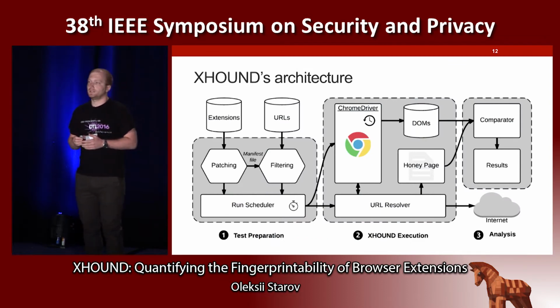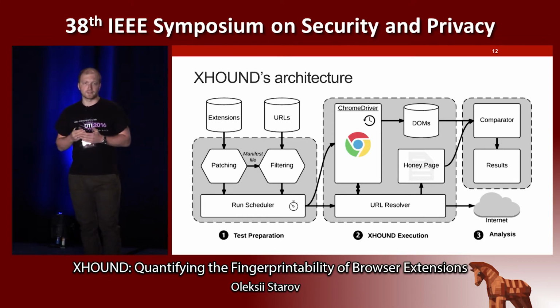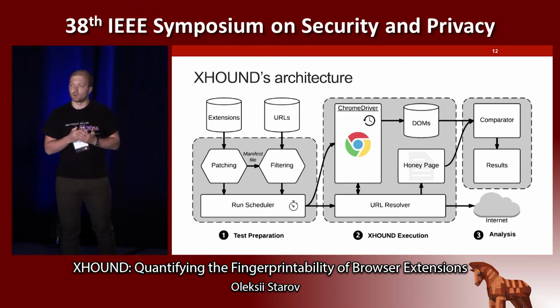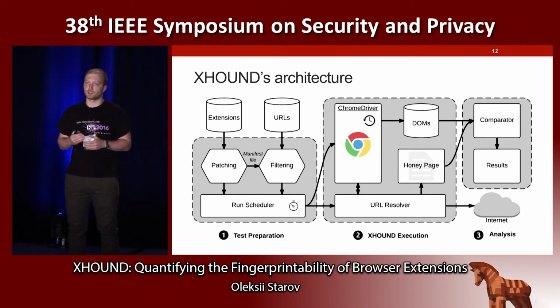To test extensions for fingerprintability, we developed a special framework, XHound, or Extension Hound. It gives us the ability, first of all, to prepare extensions for testing, and then to execute tests with Selenium's Chrome driver. We take each browser with an extension to different popular URLs and also our custom URL.